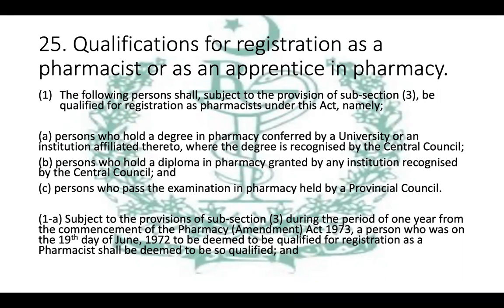Some institutions are separate, but they are affiliated with a university, because the degree awarding institution is the university. So they may be affiliated with some university from which they can confer the degree. So it says, persons who hold a degree in pharmacy conferred by a university or an institution affiliated thereto, where the degree is recognized by the central council.